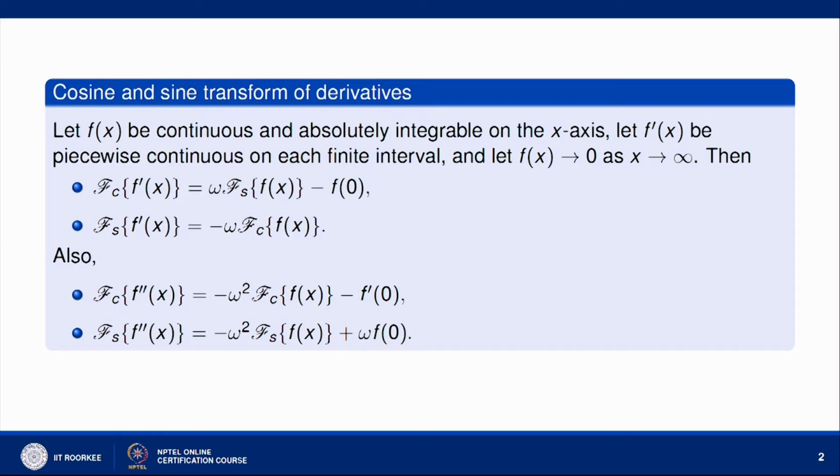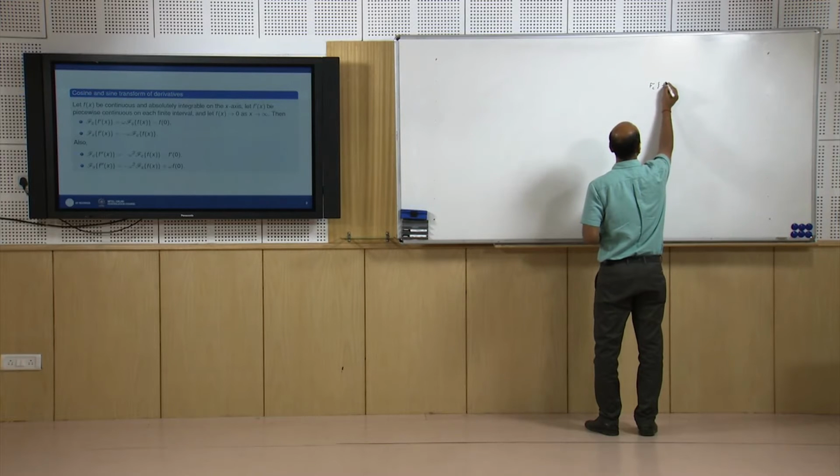So, what is the Fourier cosine of f double dash x?